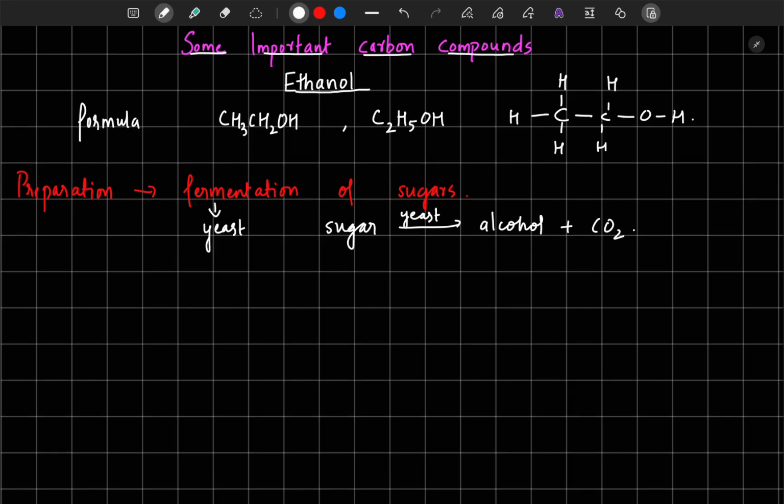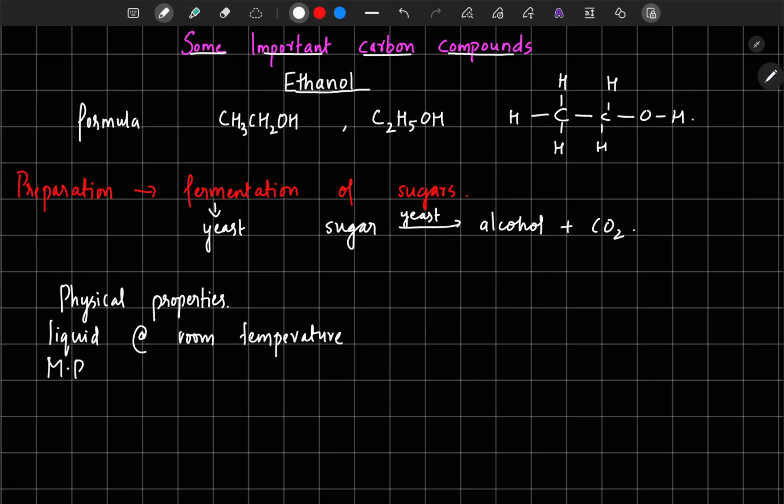So now coming to its physical properties. As we all know, ethanol will be a liquid at room temperature, and it has a melting point of 156 Kelvin, and BP, that's boiling point, is 351 Kelvin.